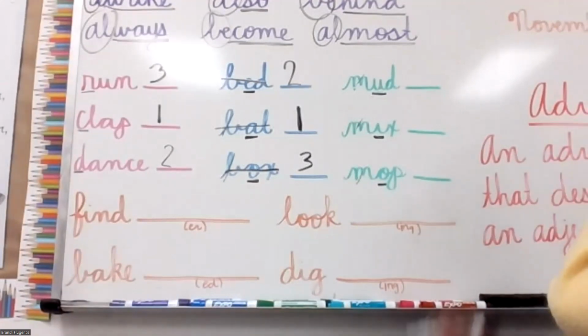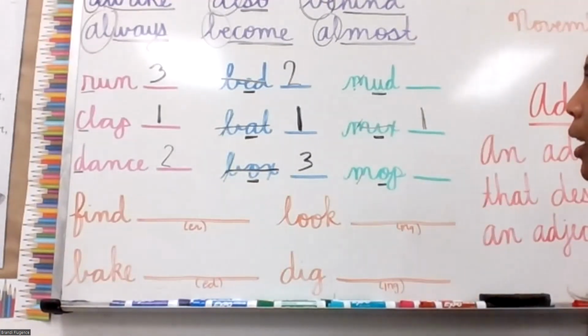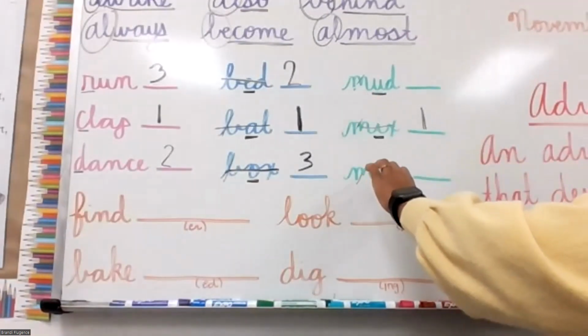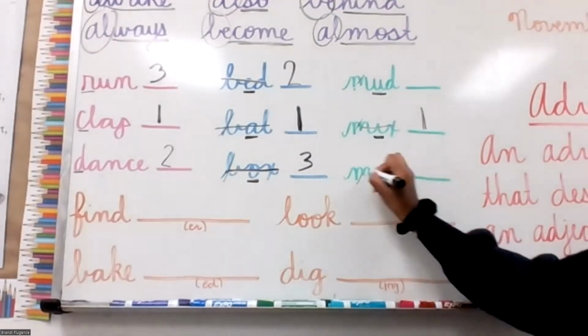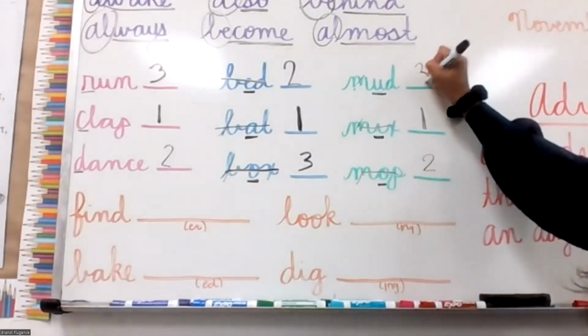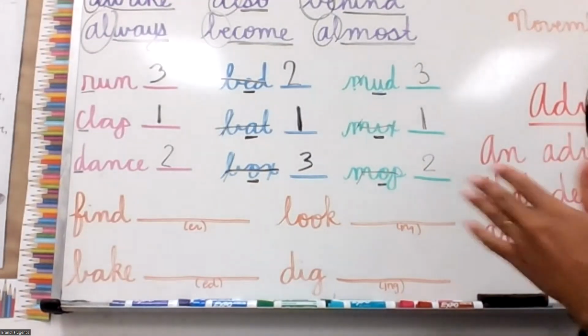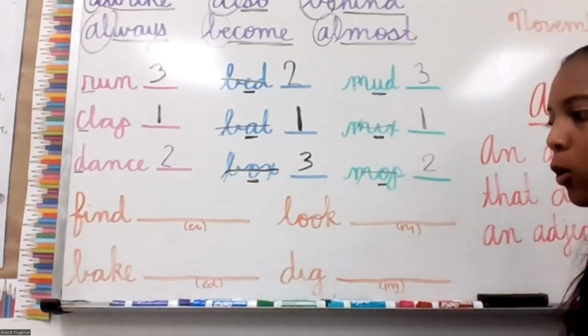No. I? Yes. I, yes, so mix. Number 1. Let's keep going. J? No. K? No. L? M? No. N? O? Yes. So mop would be number 2, and then number 3 would be mud. So that's how we put words in ABC order that have the same first letter. We go to the second letter, okay?